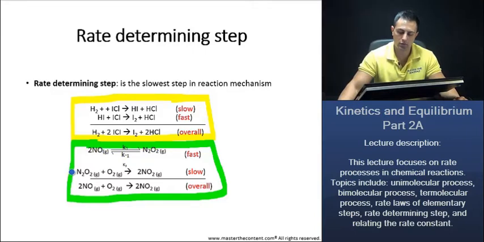So that's what we were talking about earlier. Wonderful. So looking here at our first elementary step, that there is the rate determining step because it is the slower step. And the rate determining step isn't always first, as we see here. The rate determining step can also be second, as it is the second step here, right?